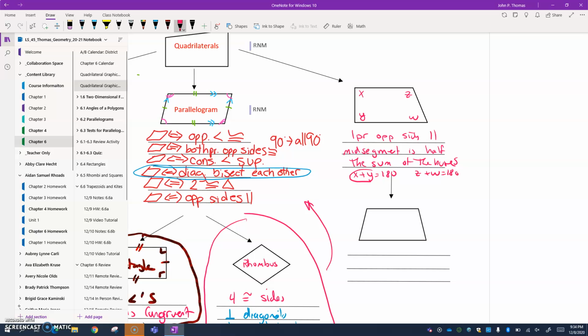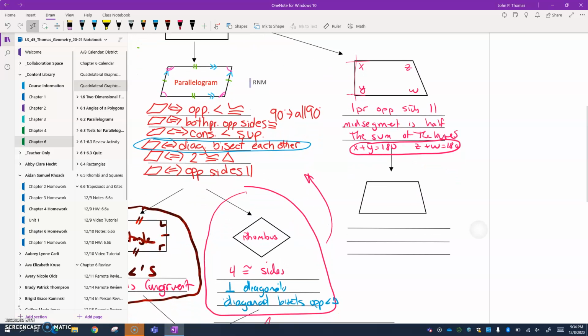Now, reality is I probably wouldn't put these on the flowchart, because they actually come from other properties we already know. If these are parallel lines, then I have parallel lines cut by a transversal, and we know consecutive interior angles are supplementary.